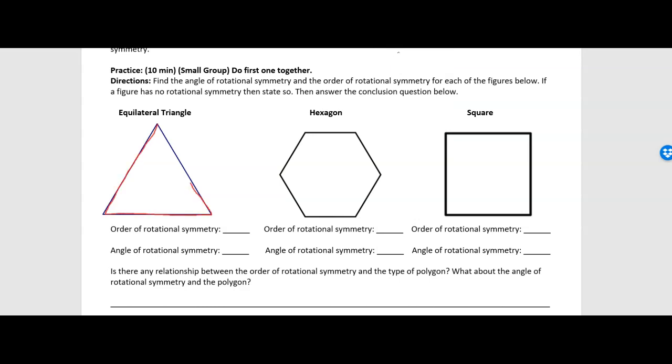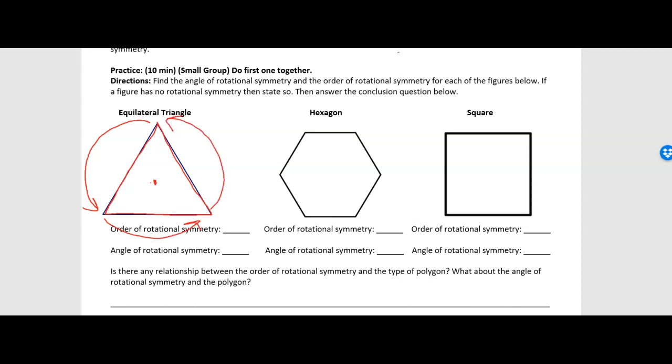You could put your pencil right in the center and twist the triangle around, right? So you could rotate it until this vertex went to that vertex, and this vertex would go to this vertex, and this vertex would go to that vertex.